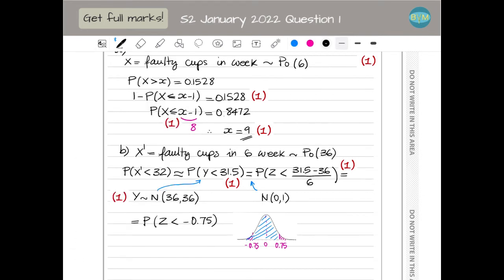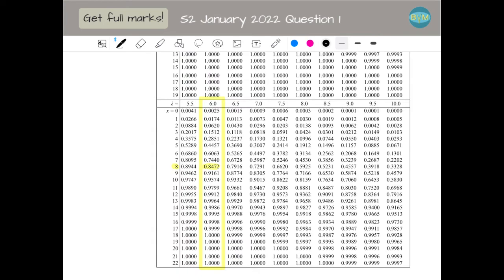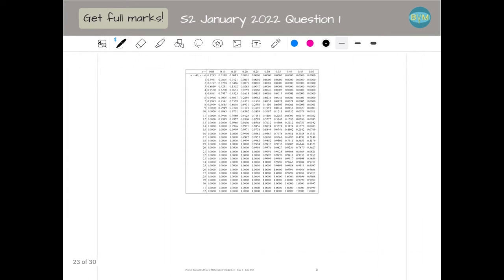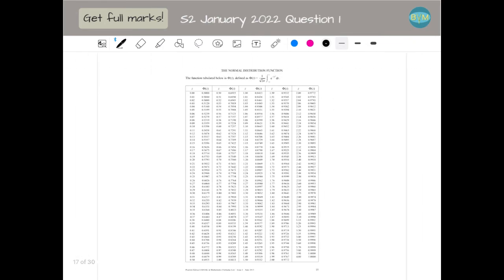That way this probability is the pink one, and the pink one is 1 minus the blue one, and the blue one is the probability of Z being smaller than 0.75, and I have this value on the table. So if you go to the normal distribution table, I have it here, so it's S1 here.